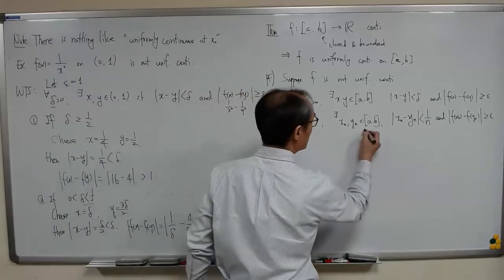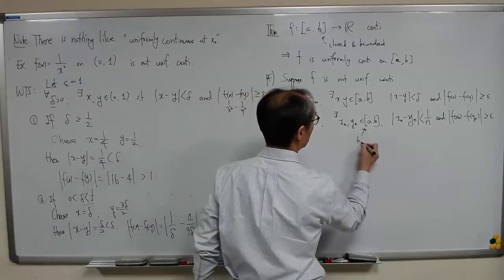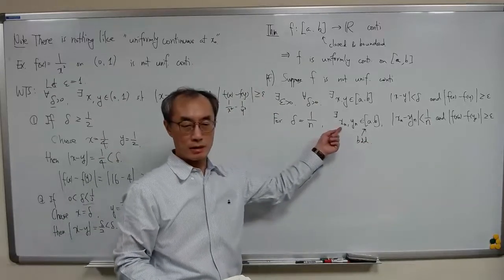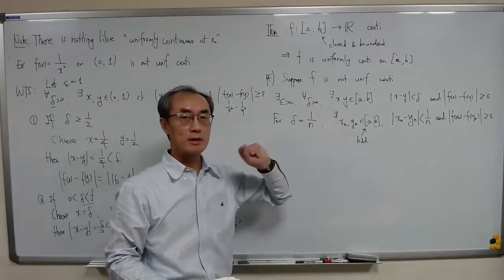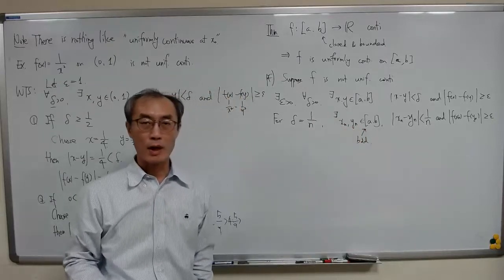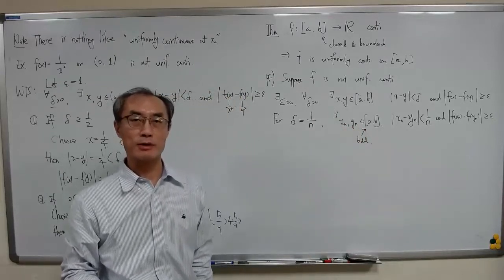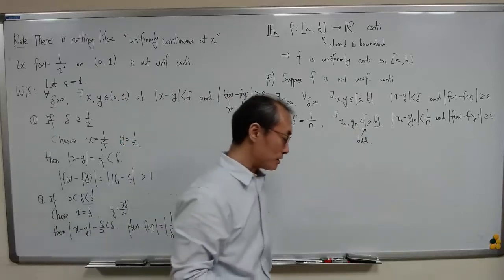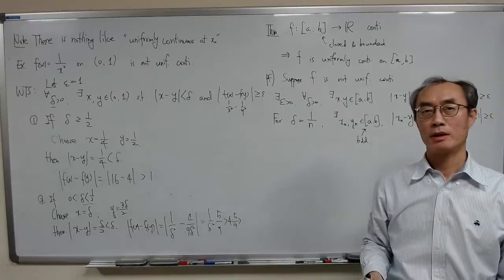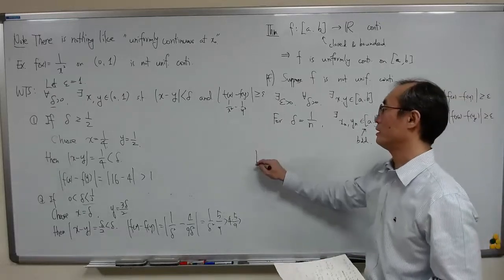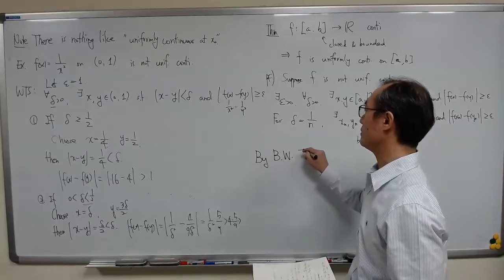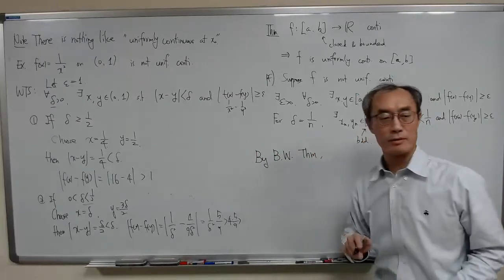Here, this is a bounded set, and the collection of xn is a sequence in this domain. Similarly, yn is also a sequence in a bounded set. A sequence in a bounded set has a very nice property by the Bolzano-Weierstrass theorem. What is that?